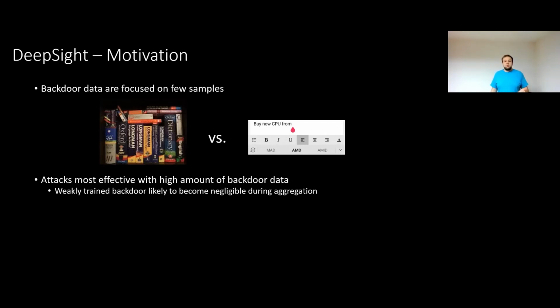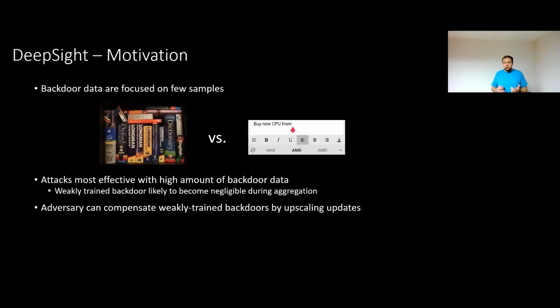Secondly, the attacks are most effective with a high amount of backdoor data. Therefore, if the adversary uses, for example, only a small amount of samples for the backdoor behavior, such that the trained model is barely able to switch towards the backdoor predictions, then if this weakly trained model is then combined with the benign models, the impact of this backdoor will become negligible, such that the attack is not effective.